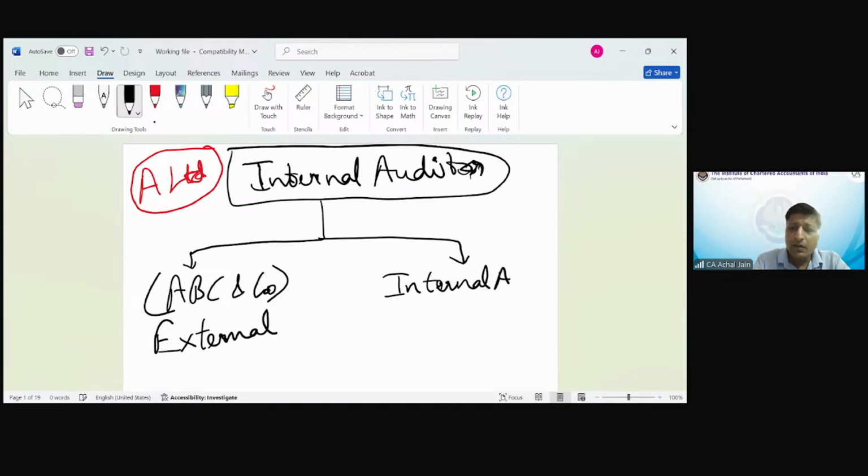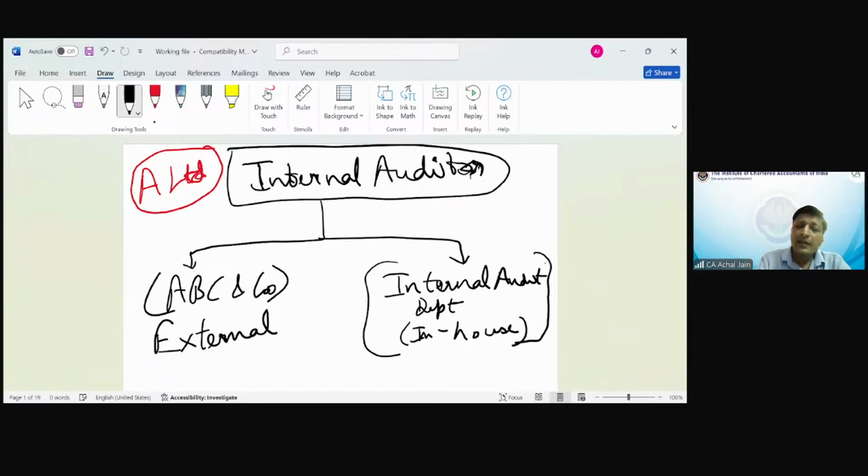Okay. Internal audit department, which is in-house. Right? This is what you also call internal to the entity. Because this is not external to the entity. This is internal to the entity. Means this is very much within the entity.